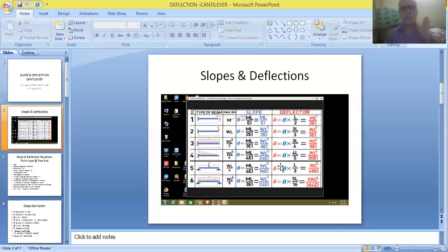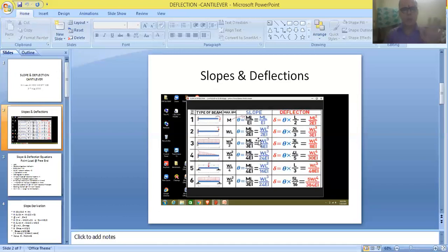under different conditions. And finally, friends, the units are very, very important. So slope values are always expressed in terms of radians, and deflection values are expressed in terms of millimeters.